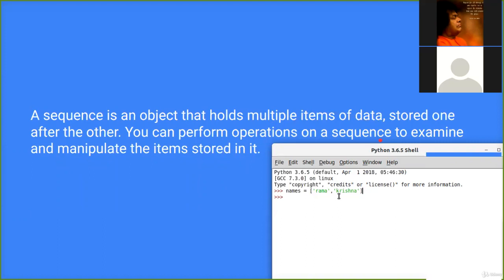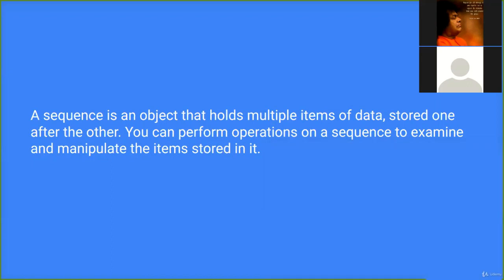Those are the keywords you need to remember: multiple items, one after the other. So let's see how we store multiple items one after the other, and how this conforms to the concept of lists in Python.